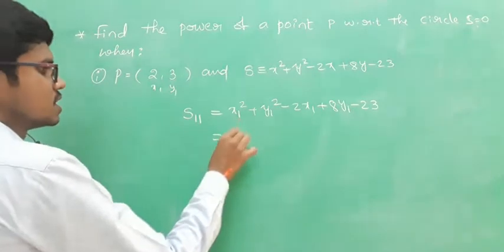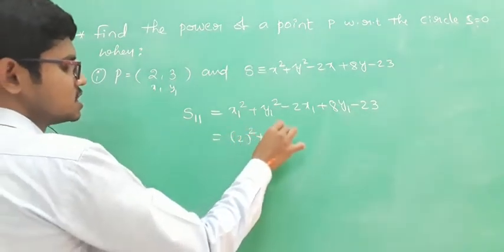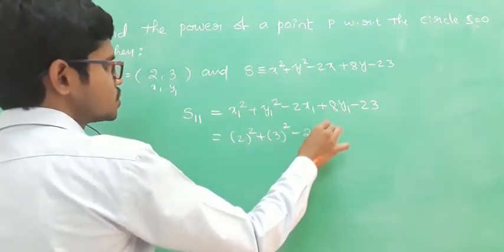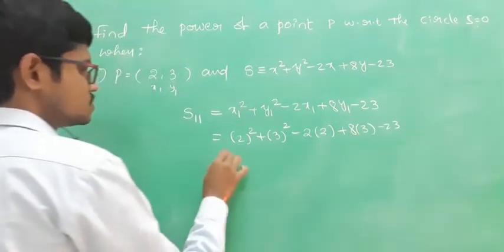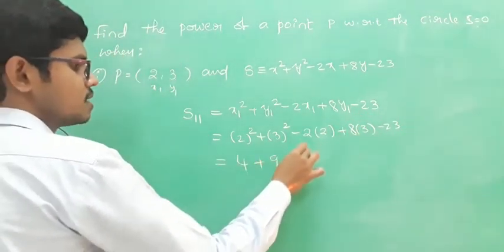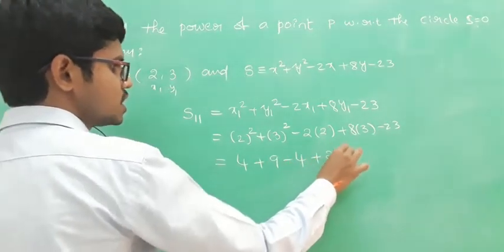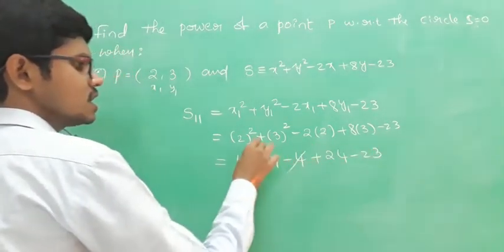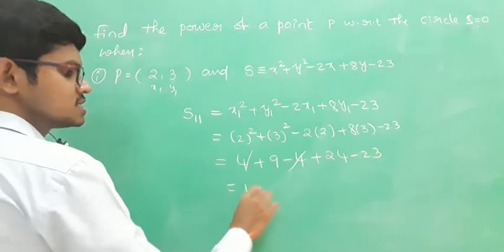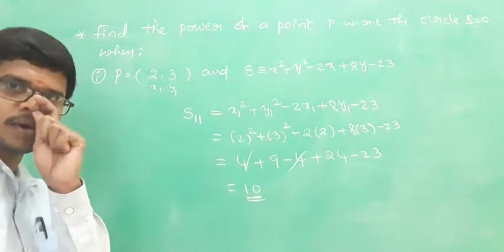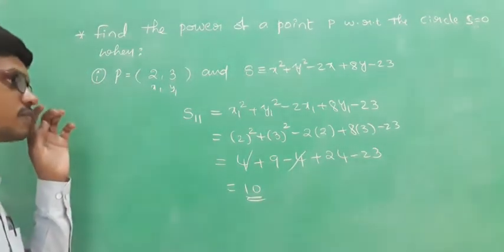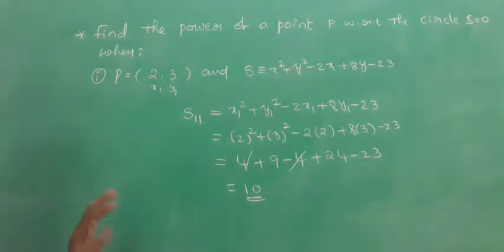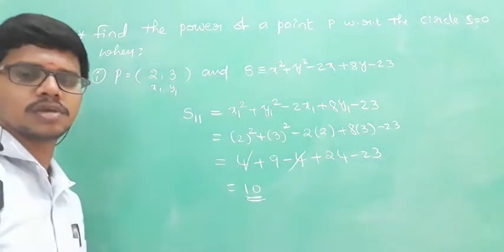So x1 is 2 and y1 is 3: 2 square plus 3 square minus 2 into 2 plus 8 into 3 minus 23. So 4 plus 9 minus 4 plus 24 minus 23. So the answer is 10. This is how we have to find the position and power of a point.